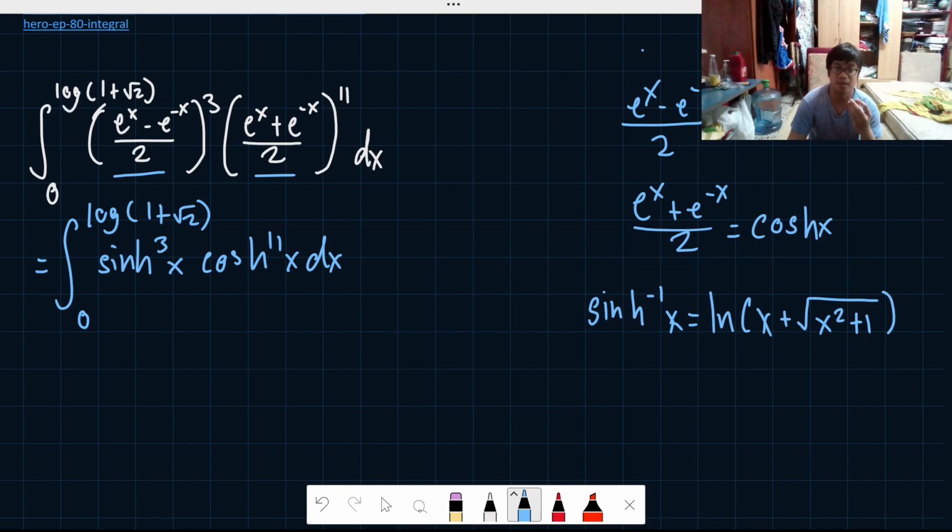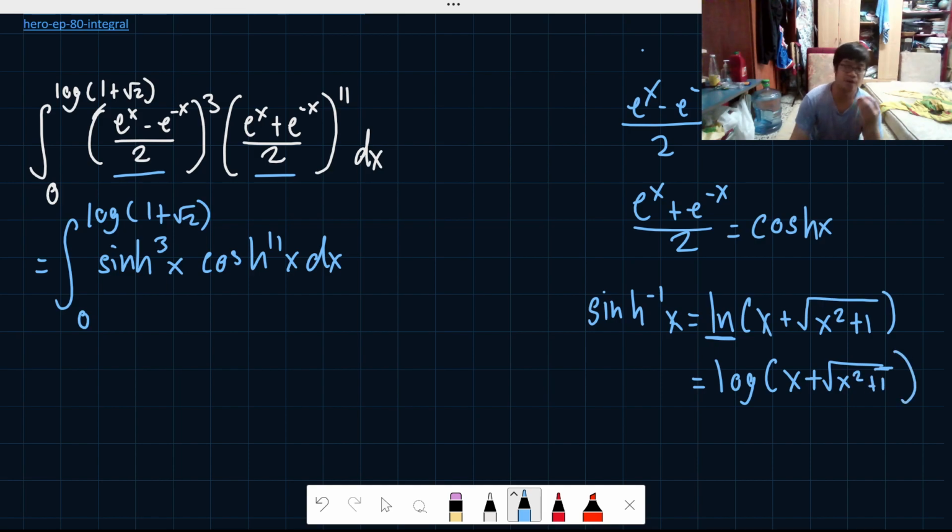Or instead of the natural logarithm, we can use the common logarithm, log of x plus square root of x squared plus 1.